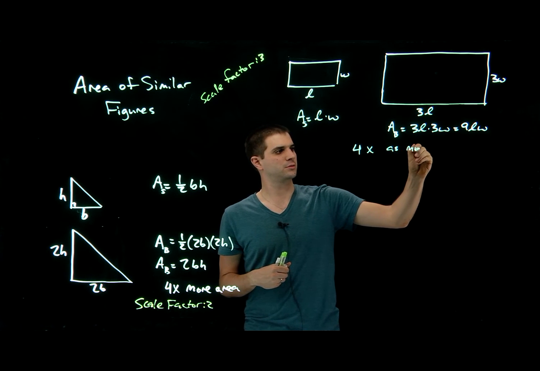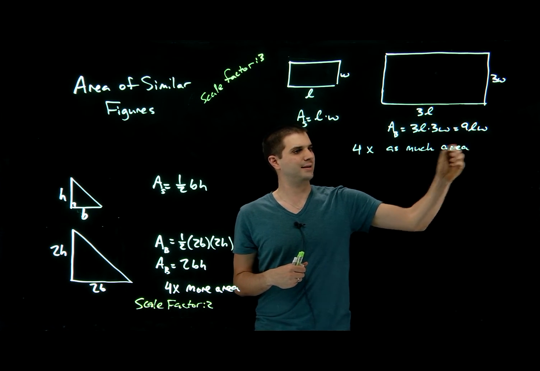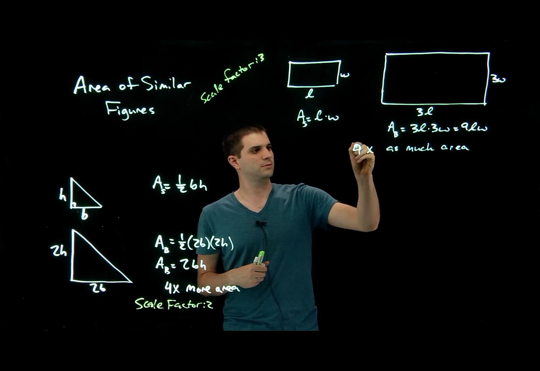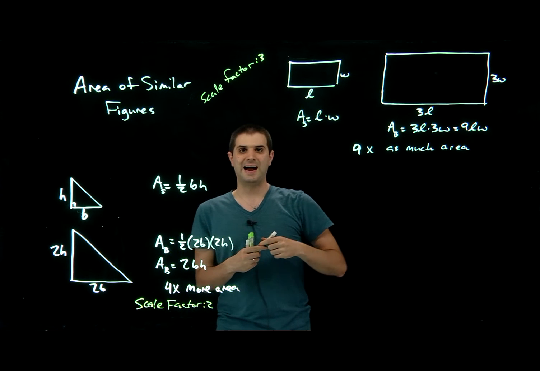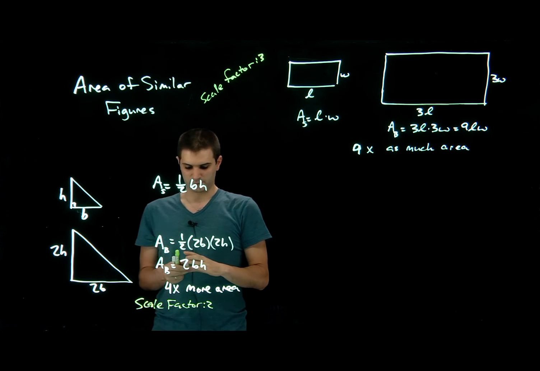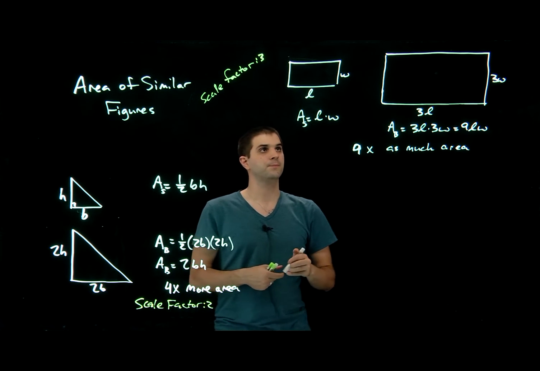Not 4, should be 9, right? Should be 9 times as much area. So this time we had 9 times as much area. Last time we had 4 times as much area. So I'm not sure if we're seeing a pattern here. Let's just keep going.